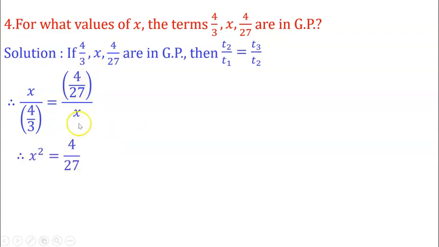Now, by cross multiplication, you will get x square is equal to 4/27 times 4/3, which is 4 times 4, 16, upon 27 times 3, which is 81. x square is equal to 16 upon 81. Therefore, x is equal to plus or minus 4/9.